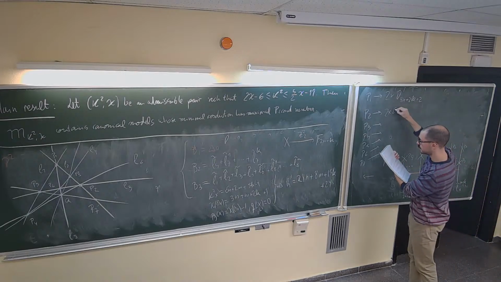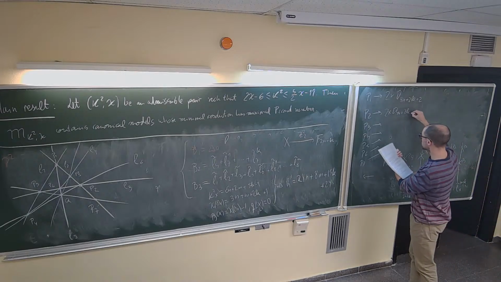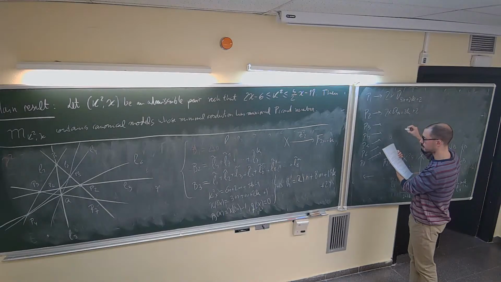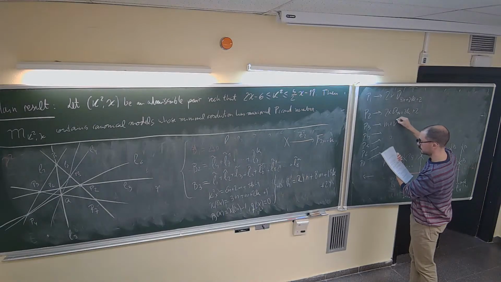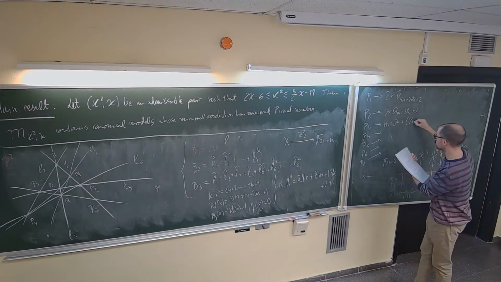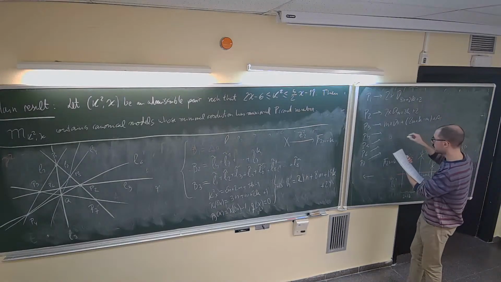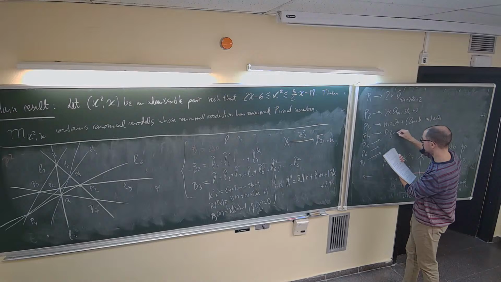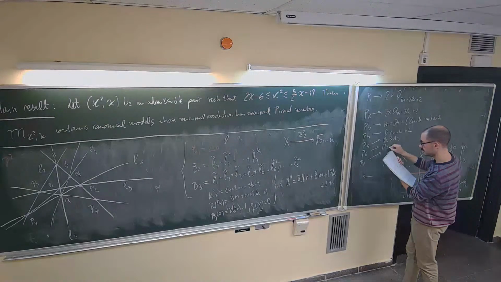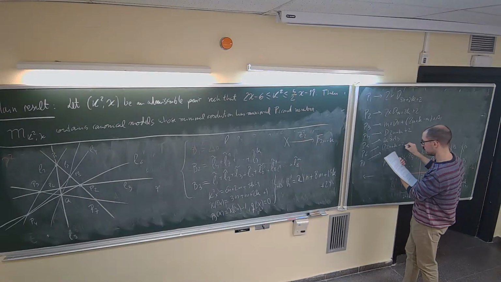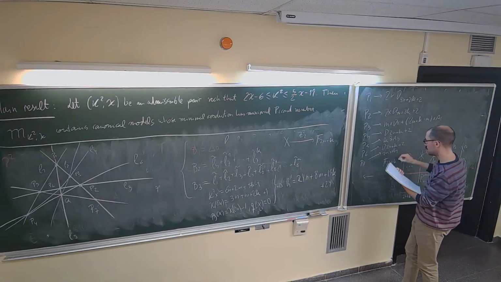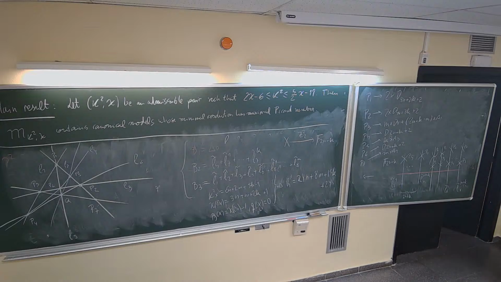From P2 we get these singularities. From P3 we get these singularities. From P4 we get these singularities. From P5 we get these singularities. And from P7 we get these singularities.